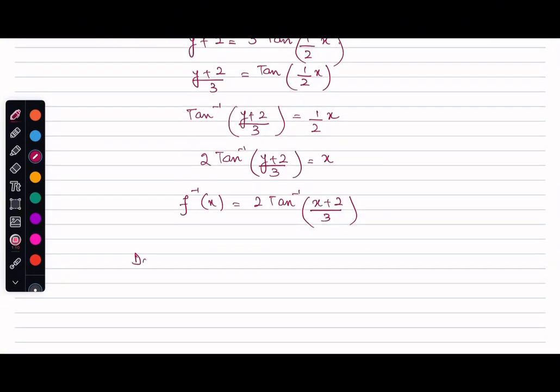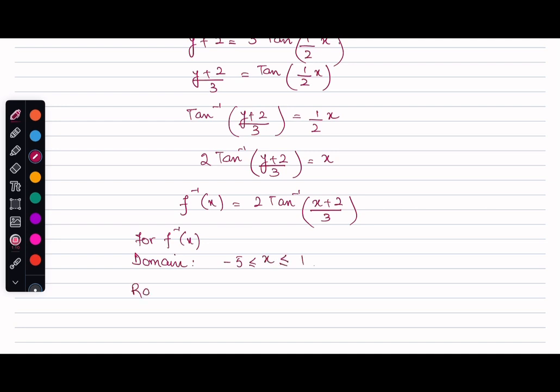So the domain of f inverse is negative 5 less than or equal to x, which is less than or equal to 1.